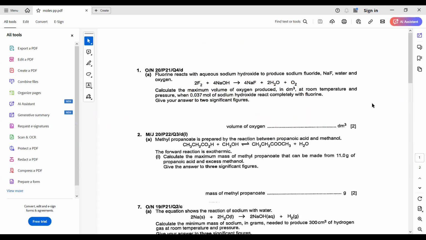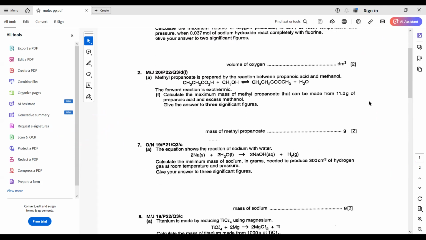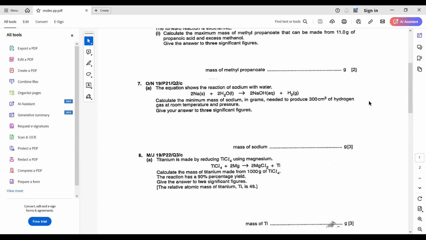Let's try this question. Let's see what you guys come up with an answer here.